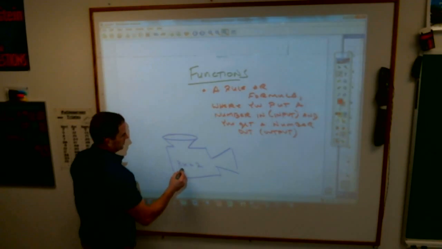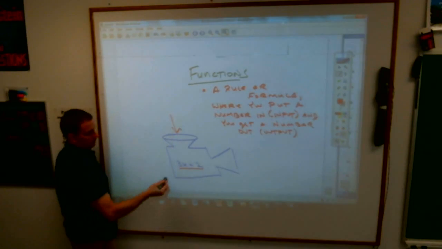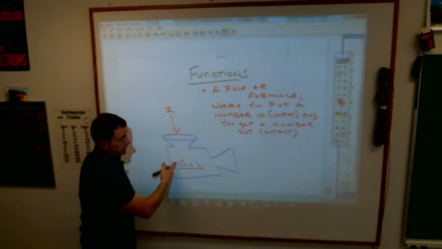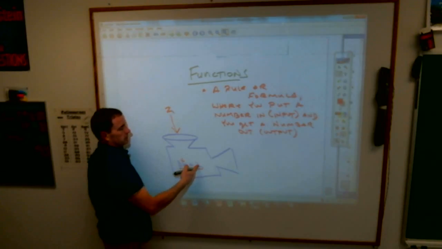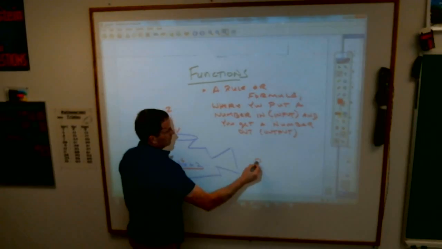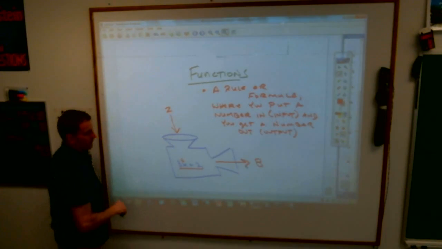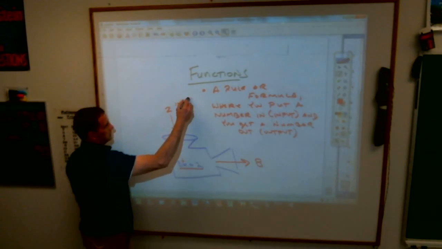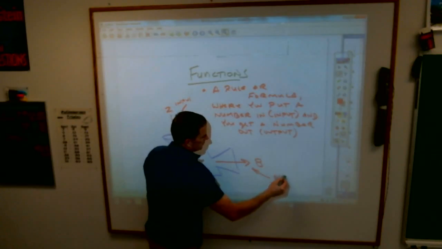Here is your function, and you have some number that you put in for the letter x. Let's say x is 2. You put 2 into the function machine. 3 times 2 is 6. 6 plus 2 is 8. And you get some number out, a different number out. Well, sometimes it could be the same number. So this is your input. You put it in. And this is your output.